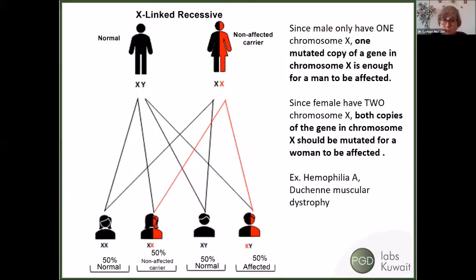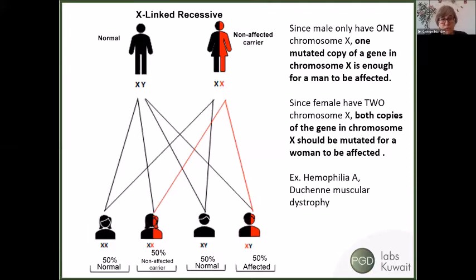Of course, we also have X-linked recessive diseases. And we need both copies of the gene, in each chromosome X, to be mutated to be affected. What happens is that men only have one chromosome X. So if the only chromosome X they have is mutated, this is enough for a man to be affected by the disease.